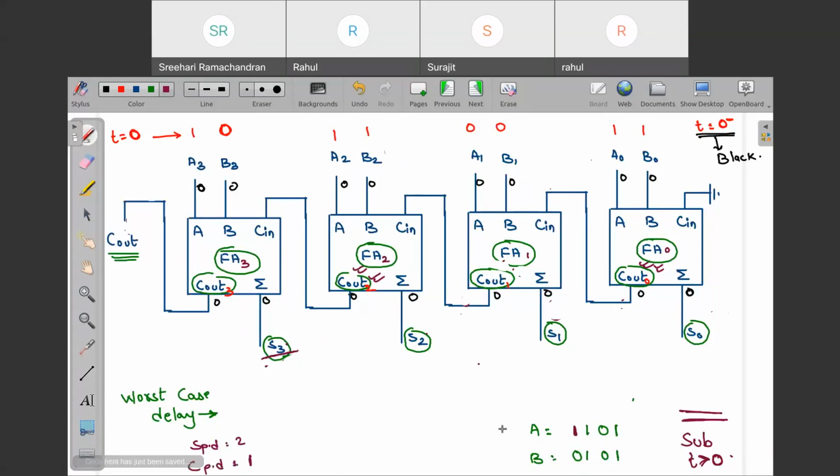So now listen very carefully. At t equal to 0, this is already 1 1. As you can see, any one of the inputs is making a transition, so obviously your sum is going to change. This is 1, and due to this, your C out is also changing.